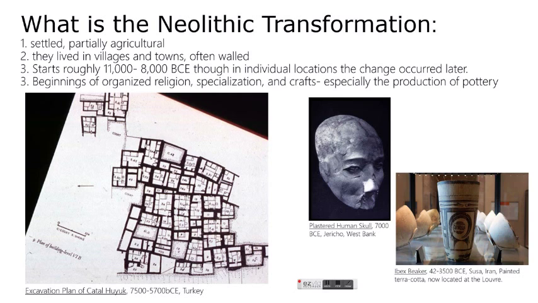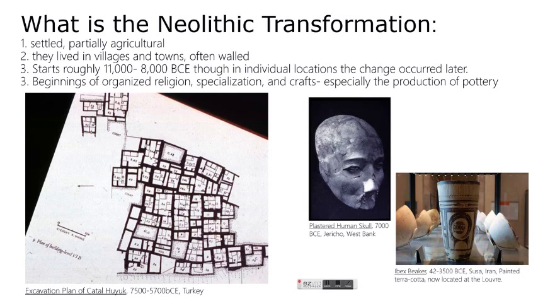So what is the difference between the Neolithic time period versus the Paleolithic time period? When we say culture, remember there is no such thing as one Neolithic culture, just like there's no such thing as one Paleolithic culture. These would be cultures.